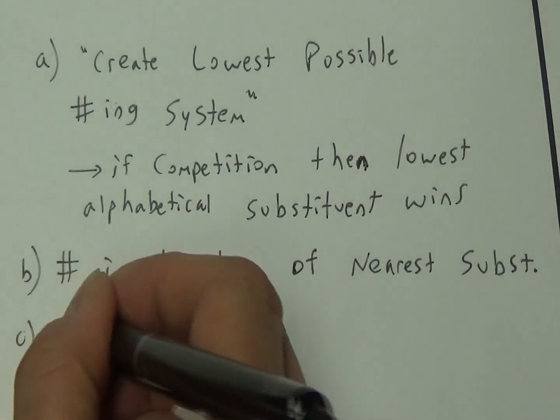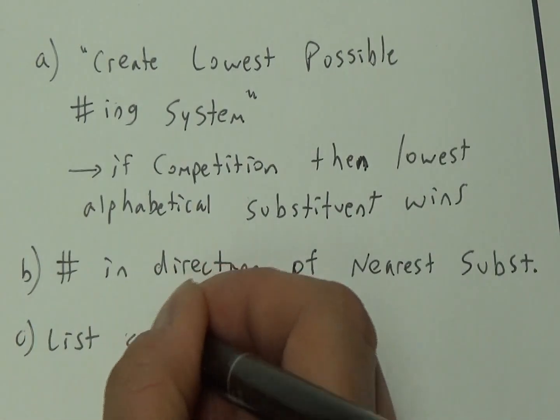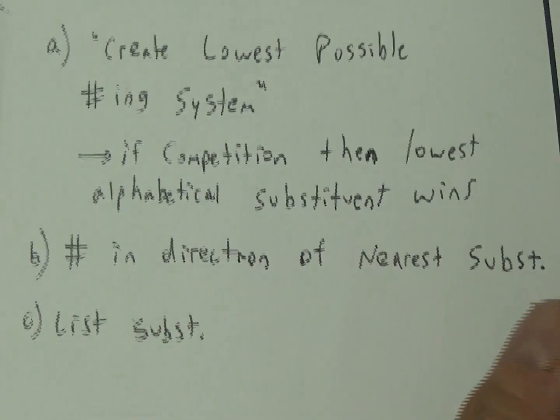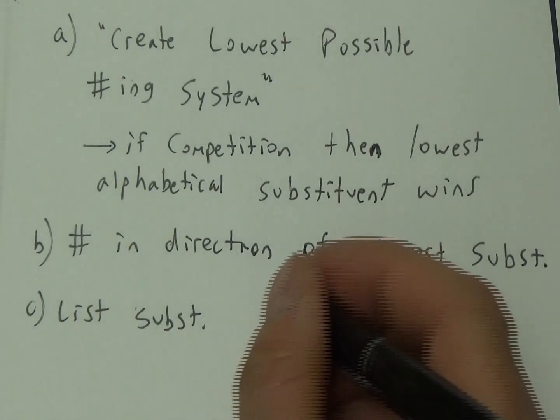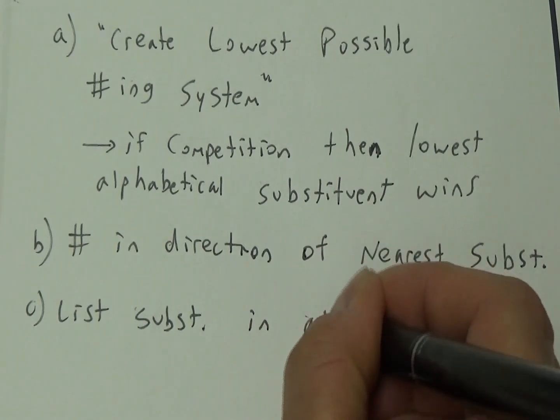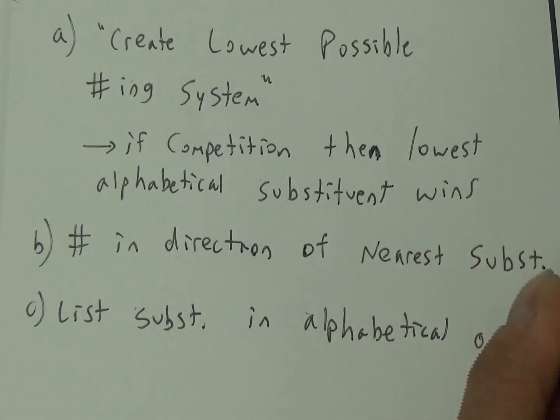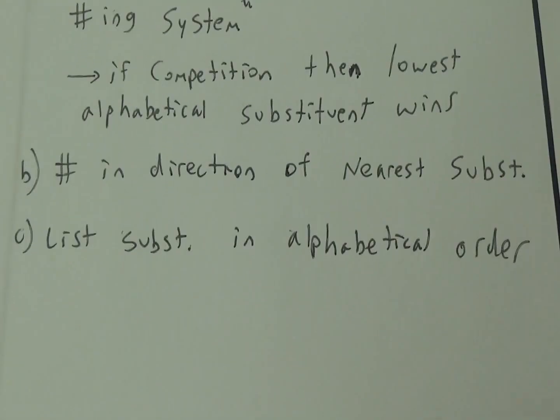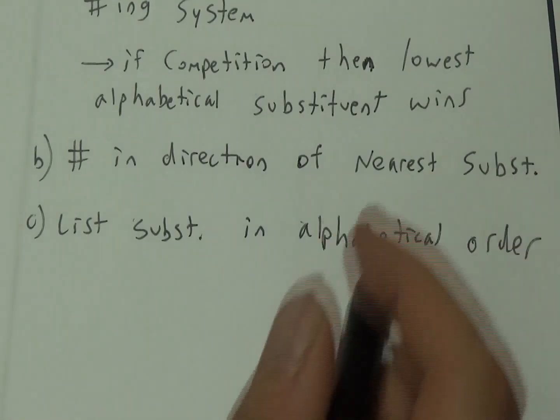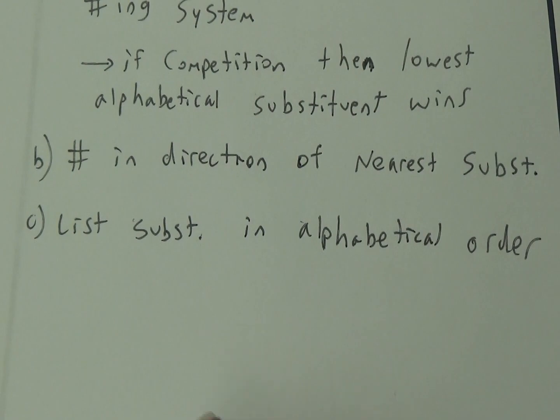Then we list our substituents. We list our substituents in alphabetical order. Okay? All right, so example.